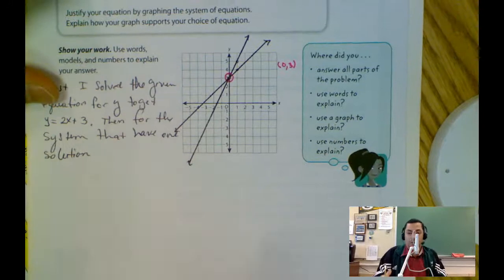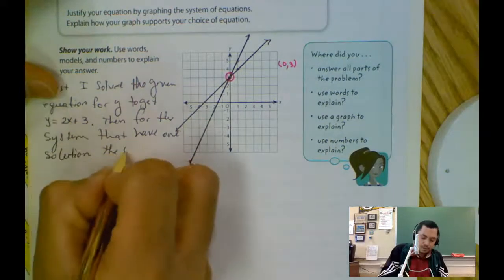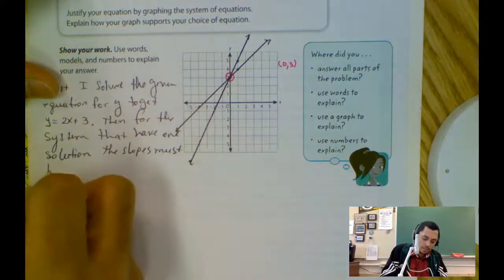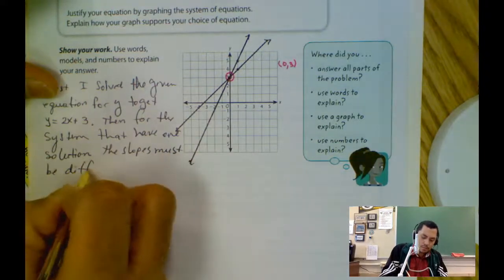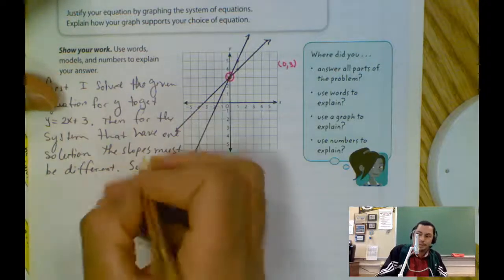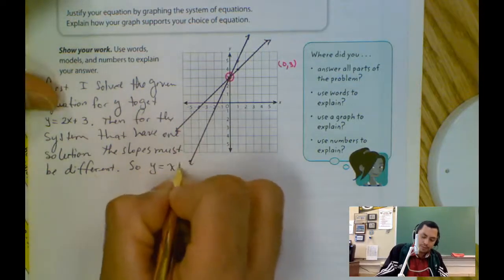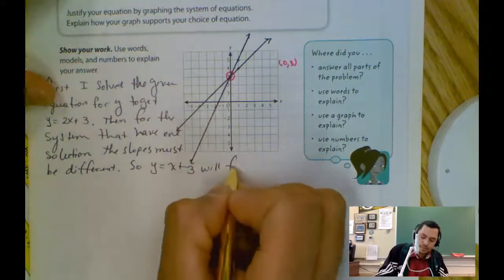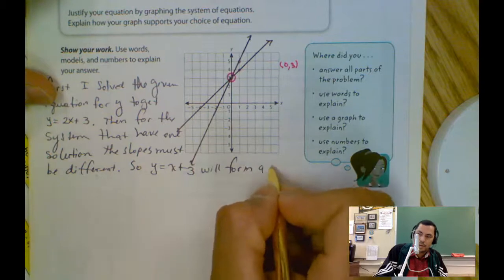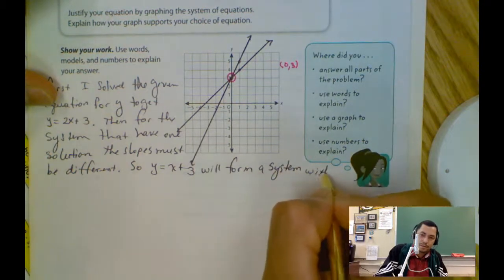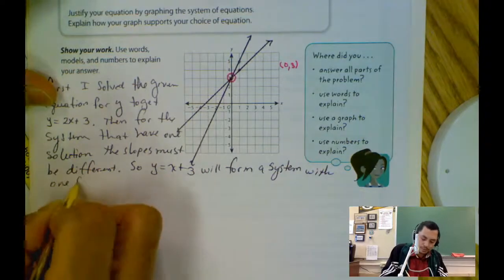the slopes must be different. So y equals x plus 3 will form a system with one solution.